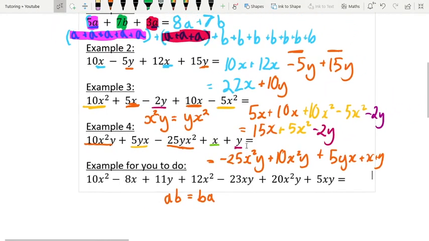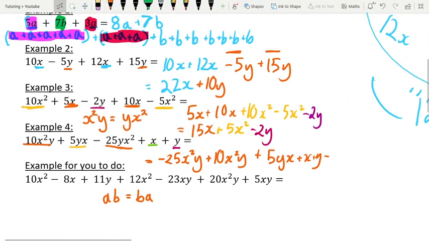So basically everything else stays the same, apart from we combine these two. So minus 25 plus 10, that's the same thing as minus 15. So we can say minus 15 x squared y plus 5yx plus x plus y, and that's our final answer.